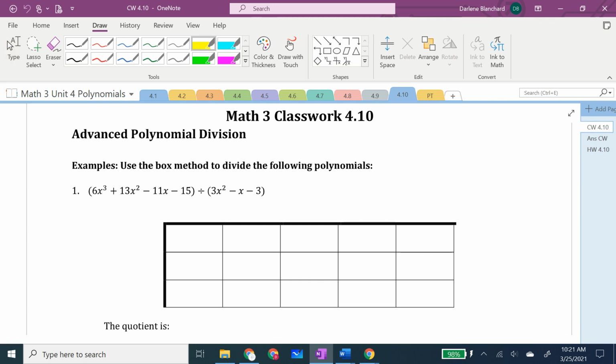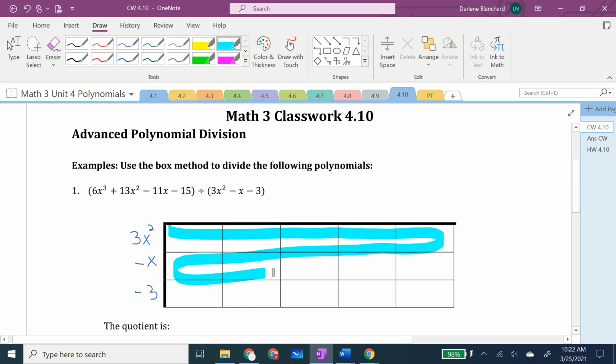I'm going to look at what I'm dividing by, and I'm just going to make that a column over here on the left, 3x squared minus x minus 3. And then I want to realize that this polynomial being divided is what's got to show up inside these boxes.